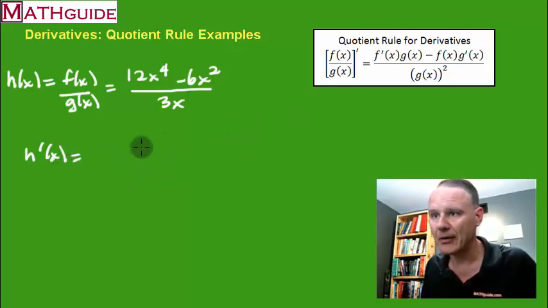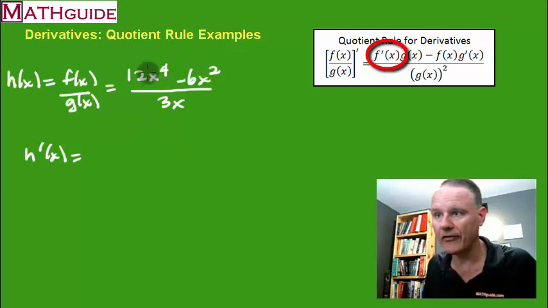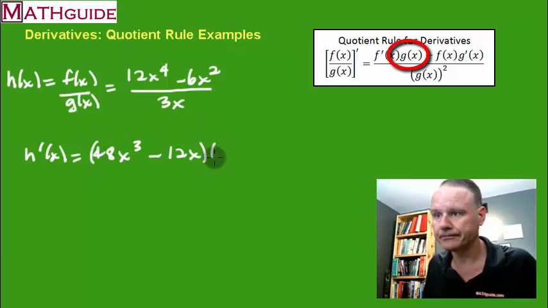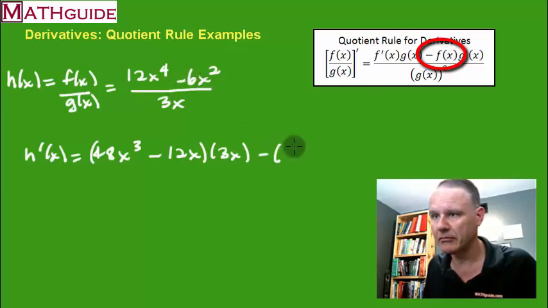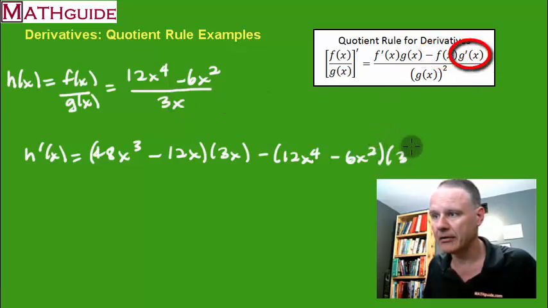It says that we take f prime, in other words, the derivative of our numerator, which is 48x cubed minus 12x, times g of x, minus f of x, which is our numerator, 6x squared, all times the derivative of our denominator.